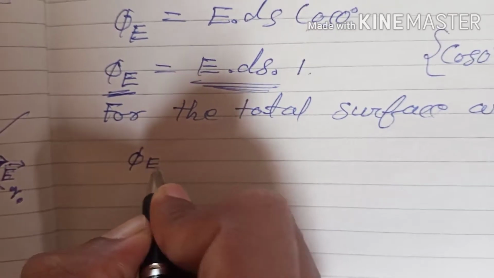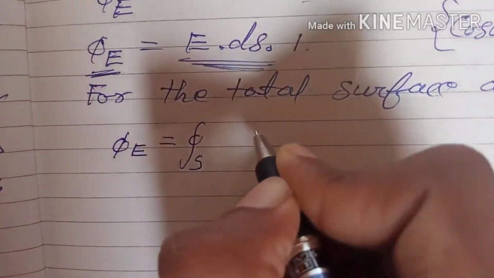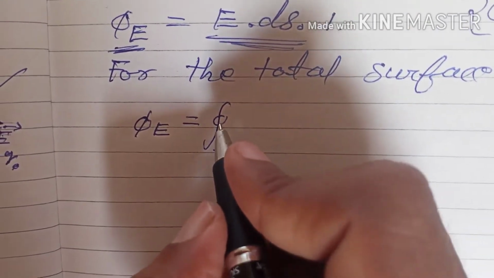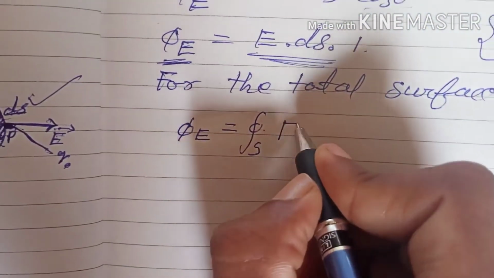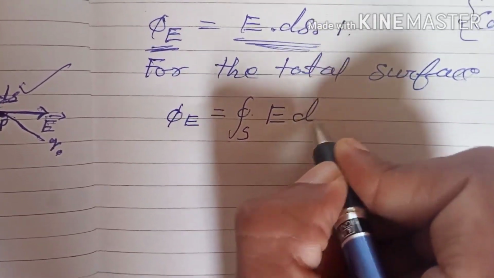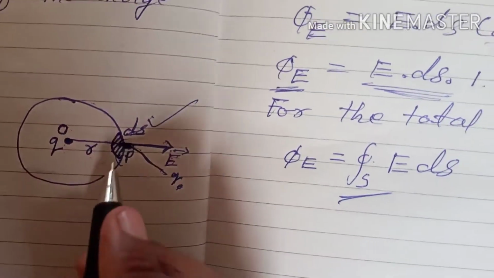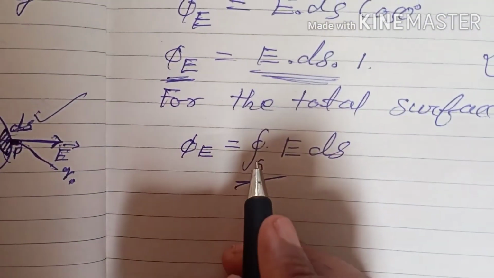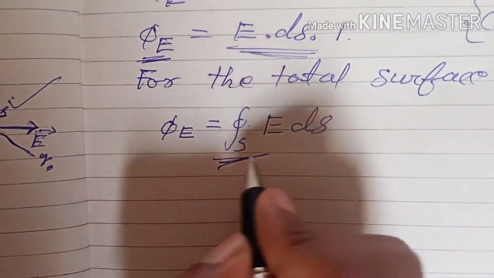Phi E is equal to closed integral. Why do we use this sign? This sign represents that the electric flux is for the whole surface, the total surface area of this spherical surface.